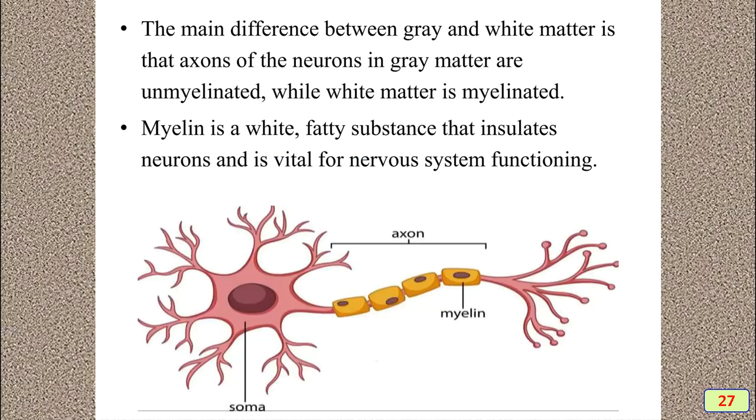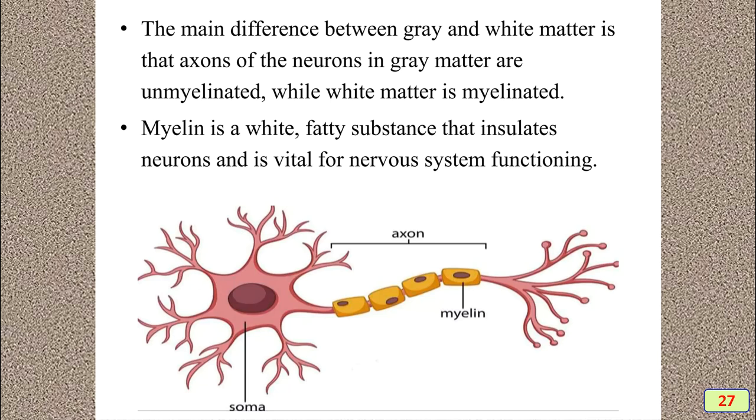Here you can see the main difference between gray and white matter is that the axons of the neurons in gray matter are unmyelinated. Myelin is also a specialized type of tissue which protects the neurons from damage. It is a fatty substance that insulates neurons and is vital for nervous system functioning.